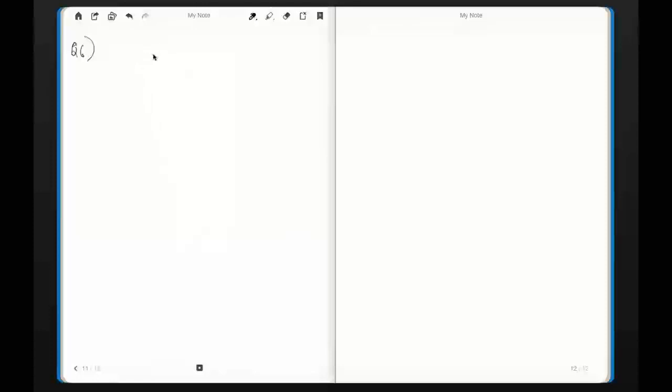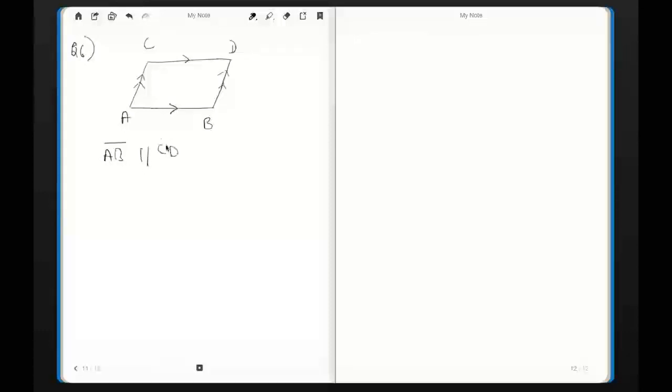Now I am given a quadrilateral like this. Let me name it ABCD. What is given is that AB is parallel to CD and AC is parallel to BD.